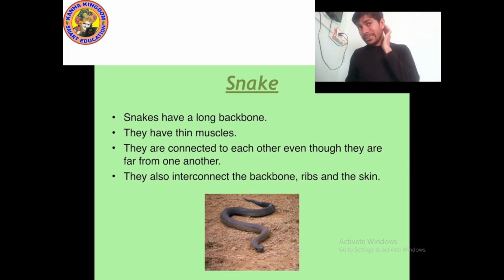Have you ever seen the movement of snake? There are many kinds of snakes. Some are poisonous. Yes, some. So snake has a long backbone. Yes, they have a backbone, but it is long, but these are not connected to each other. Okay, that's why they can easily move.